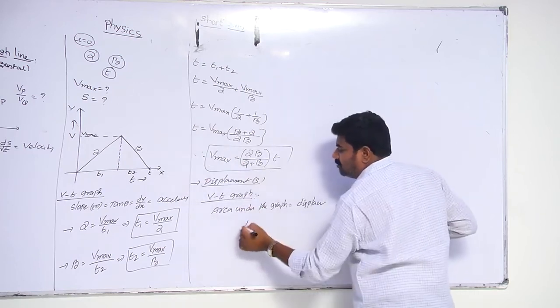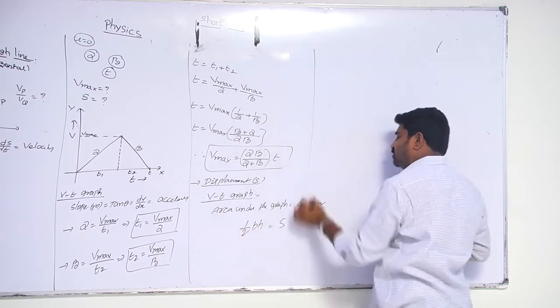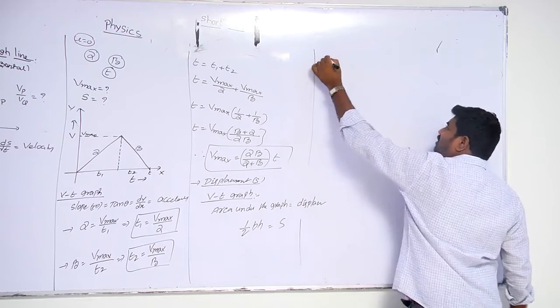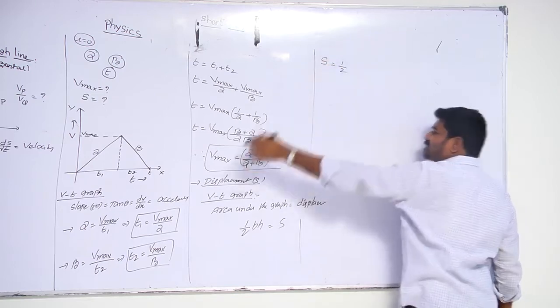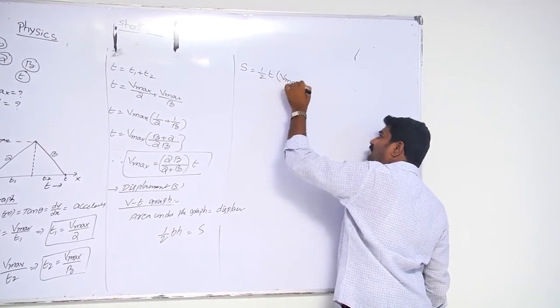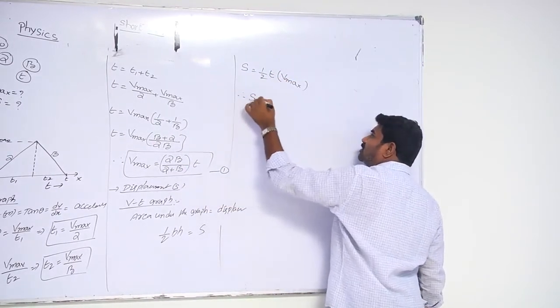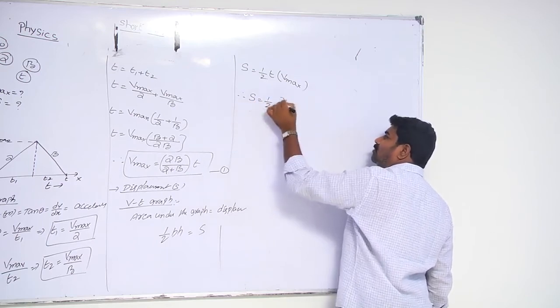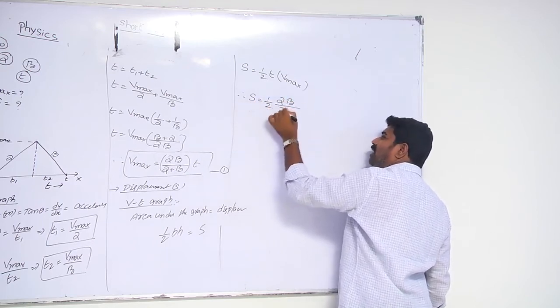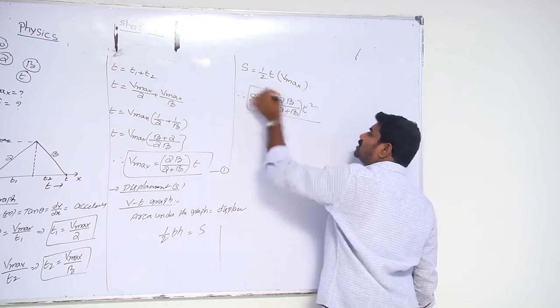Area of the triangle, half base into height, is equal to displacement. Here displacement is equal to half, base is nothing but total time, height is nothing but V max. What is the maximum value? This is the value. Therefore, displacement is equal to half into alpha beta by alpha plus beta into t square. This is about the displacement.